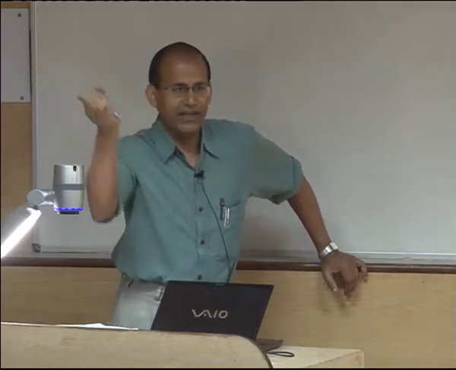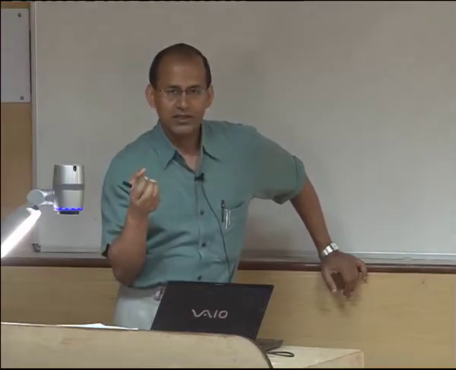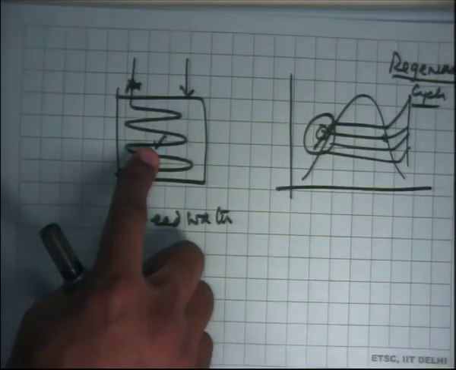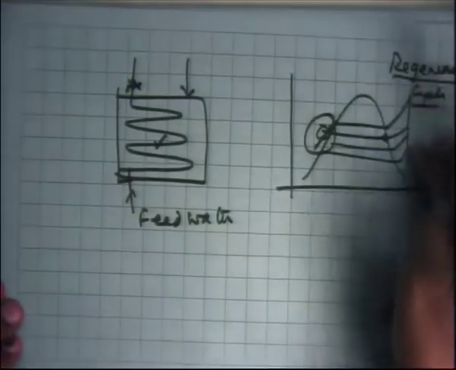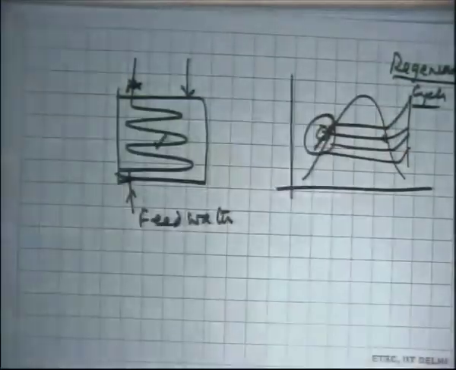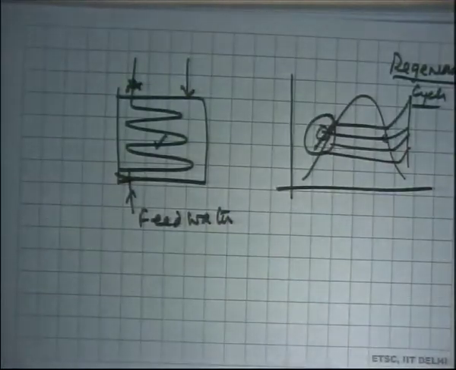We keep bleeding out the working fluid and using it for heating the water. So there is a heat connection between this line and this line, the two vertical sides. One is the expansion, the other is the compression and heating. There is a heat transfer from here to here, which is internal to the cycle. There is nothing externally supplied.